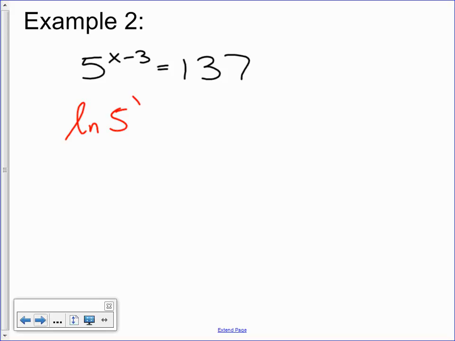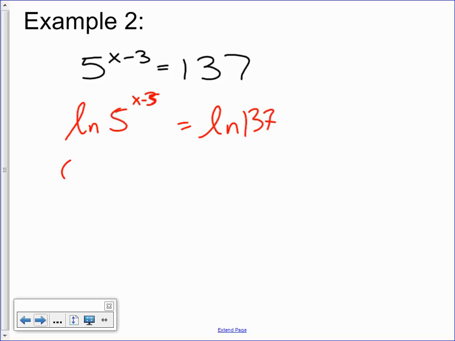Log 5 to the x minus 3 is equal to log 137. Right. You could have used log. Natural log works too. You just change your base. All right, here we go.